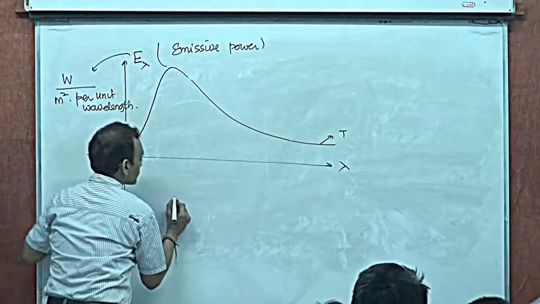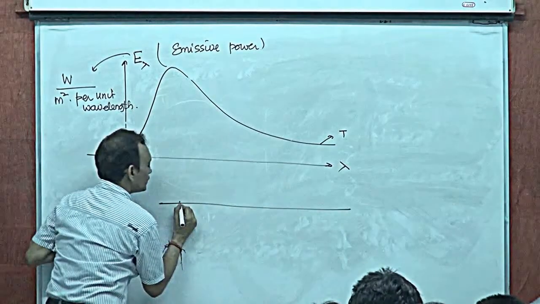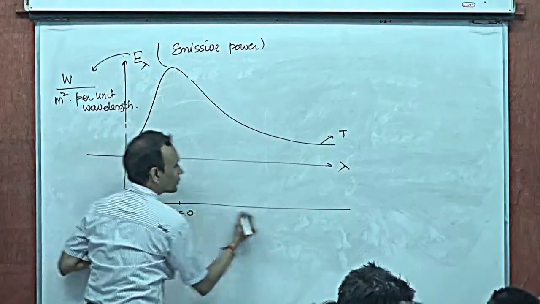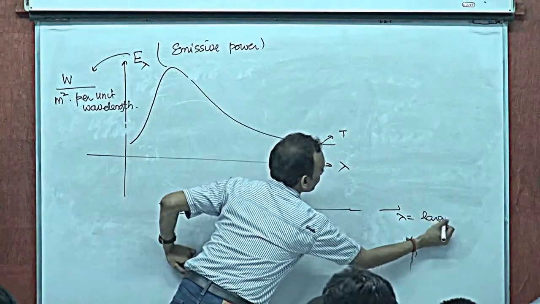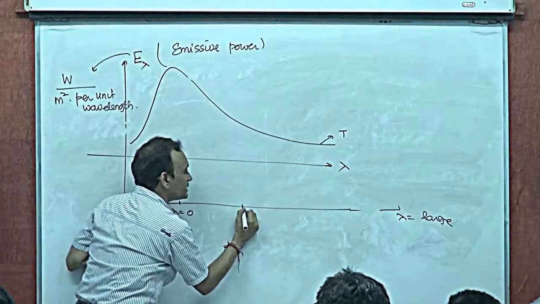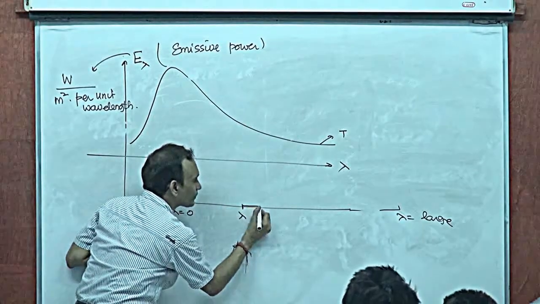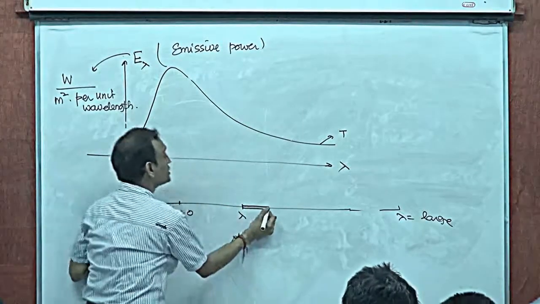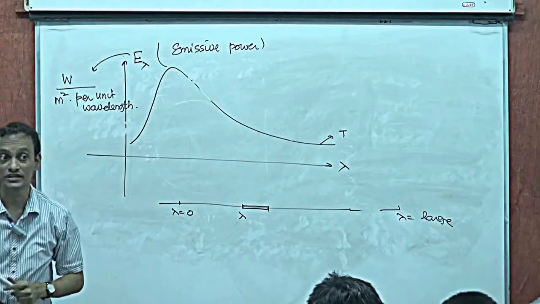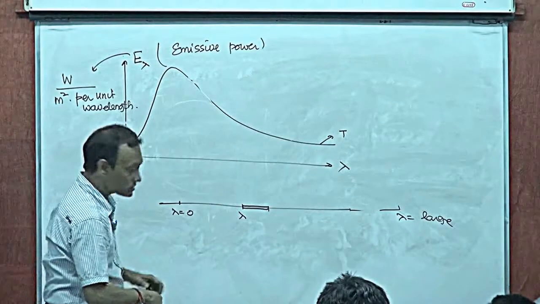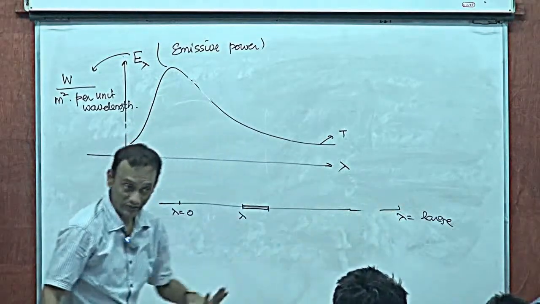So in this case, say I have lambda equal to 0, lambda very large, and there is an intermediate lambda, and this is a continuous spectrum. When a black body emits radiations, it emits radiations of all possible wavelengths, lambda equal to 0 to lambda equal to infinity.